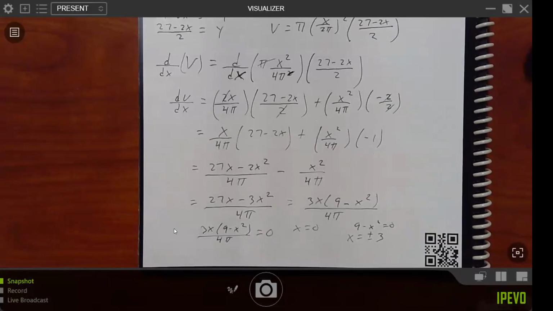So x can't be 0 because it's a dimension, right? x cannot be negative, so that doesn't make sense either. So the only solution is x equals 3, it looks like.